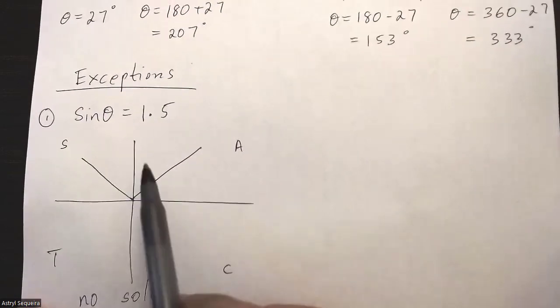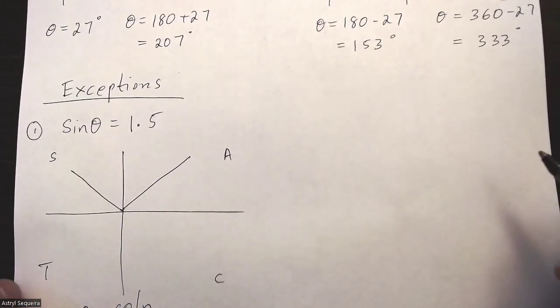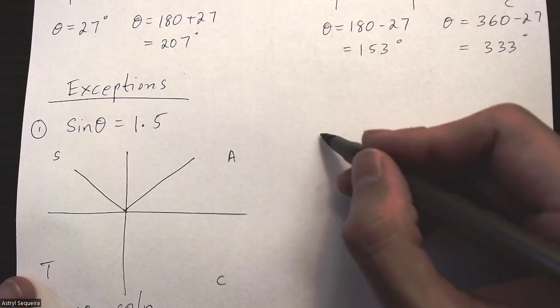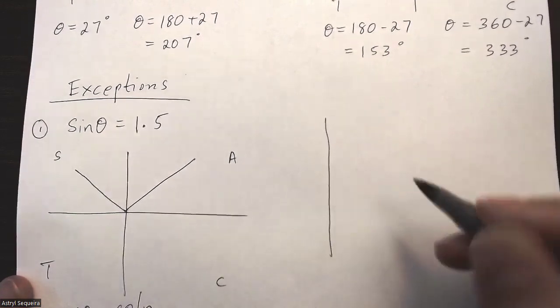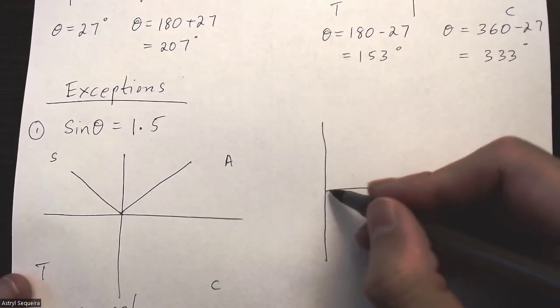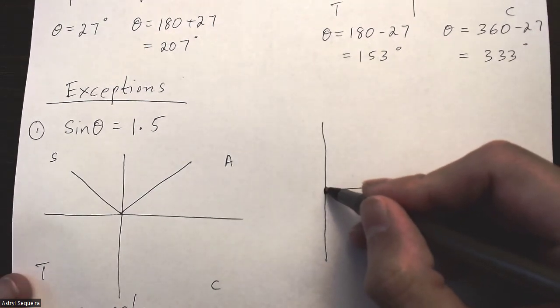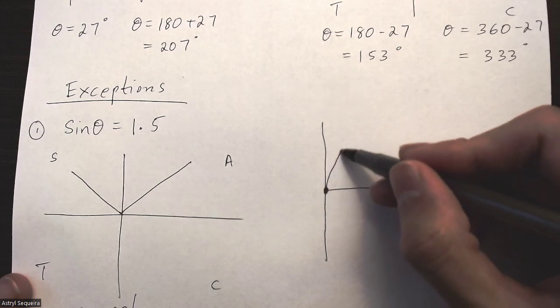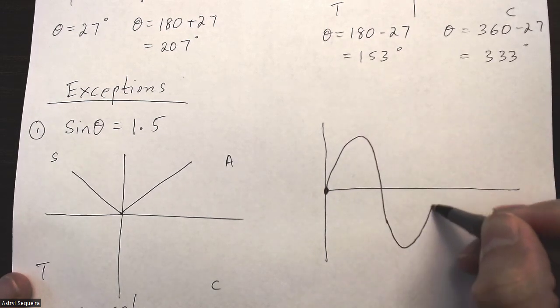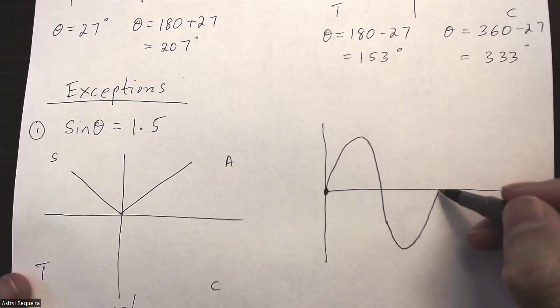So why does this happen? Well, let's think about this logically. You may have never seen a sine graph before, but I'm going to draw a sine graph for you between 0 and 360 degrees. A sine graph starts on the axis, goes up to the maximum, comes down to the minimum, and then it repeats forever.